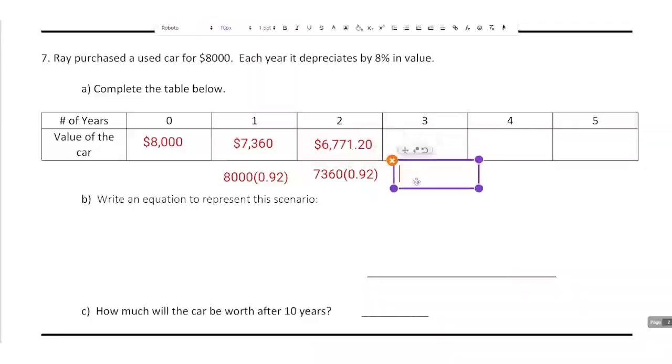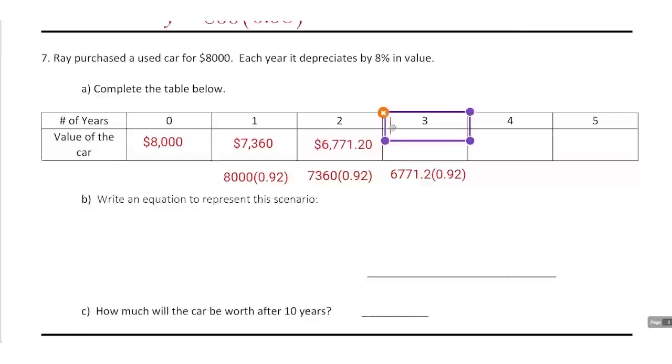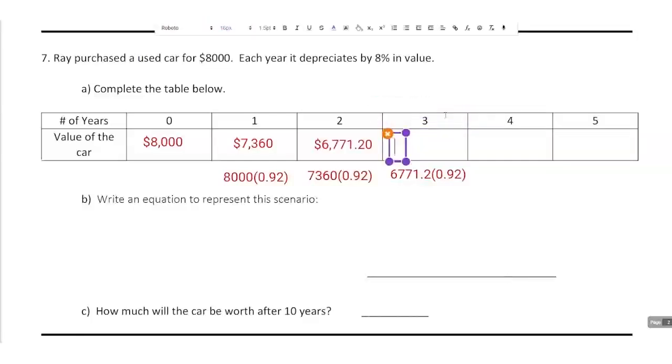We're basically going to keep multiplying this by 92% because it's going to depreciate by 8% every year. So just to clean this up a little bit. And now you can hopefully see why we use exponents for these kind of functions, because we're just multiplying by 0.92 over and over again. And it would be easier in general just to raise it to the power that would be equivalent to how many times that we're depreciating. In other words, to figure this out, we could just do 8,000 times 0.92 to the third.